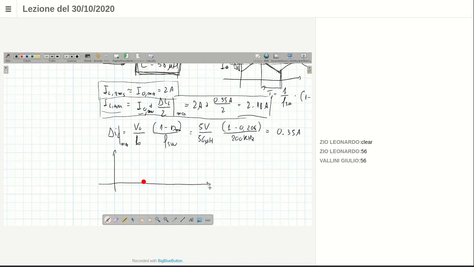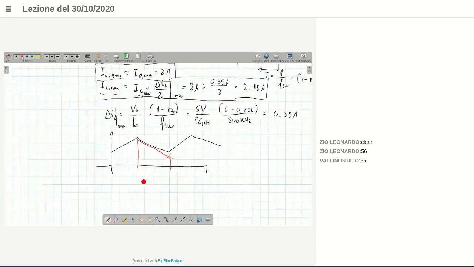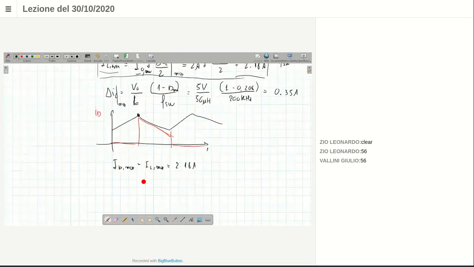get again the waveform of the diode current. We have said that this is ID. We have said that I maximum is equal to IL maximum, and based on what we have calculated before it is 2.18 amps.